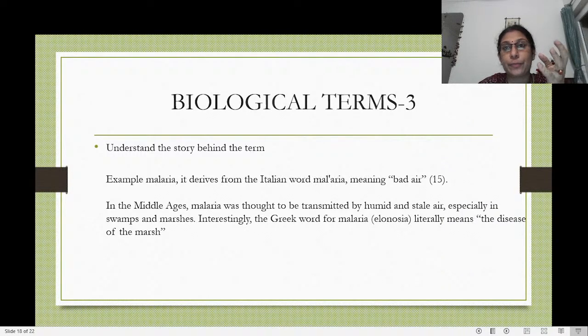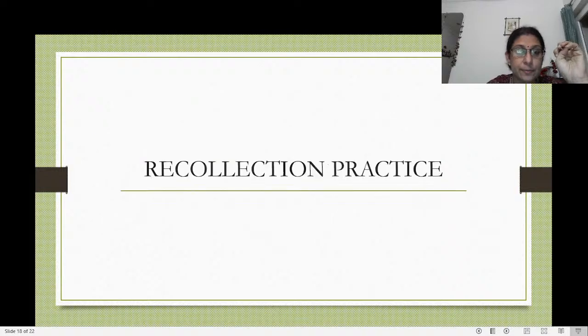Though it's true that malaria happens more in marshy areas, it's not because of the bad air but because of the mosquitoes, which at that time people did not know. So they knew it as the bad air from the marshes causing the disease, and that's how the name malaria came up. Right?